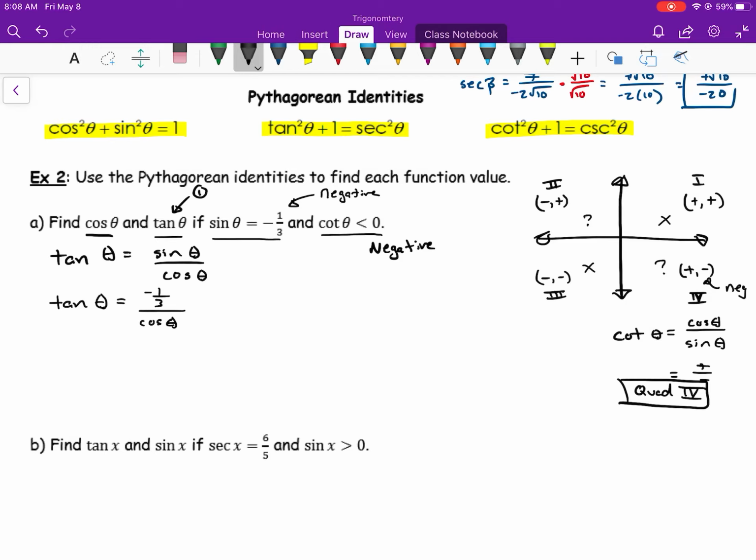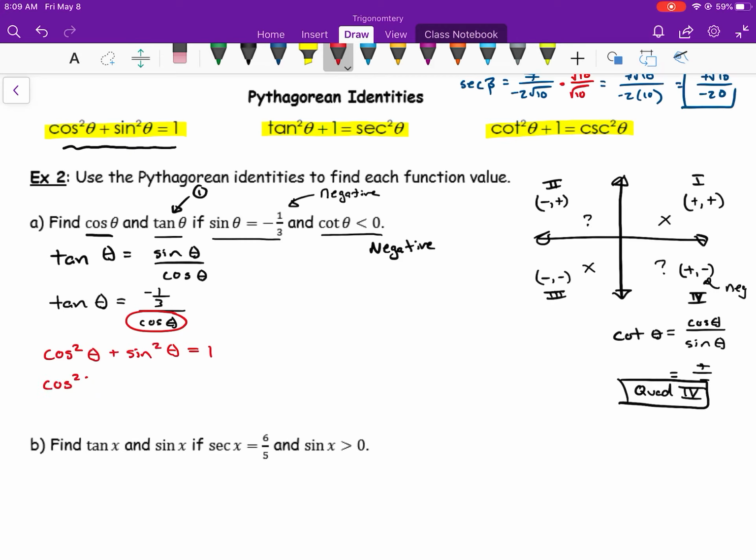So we are given this Pythagorean identity right here: cosine squared plus sine squared equals 1. I know one of them, so I just need to plug into this one. We're looking for cosine. So cosine squared of theta plus sine squared of theta equals 1.